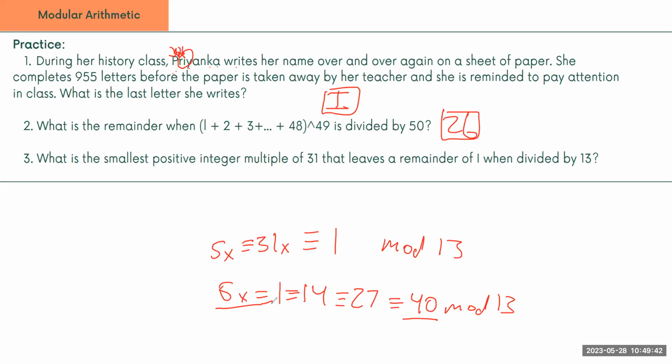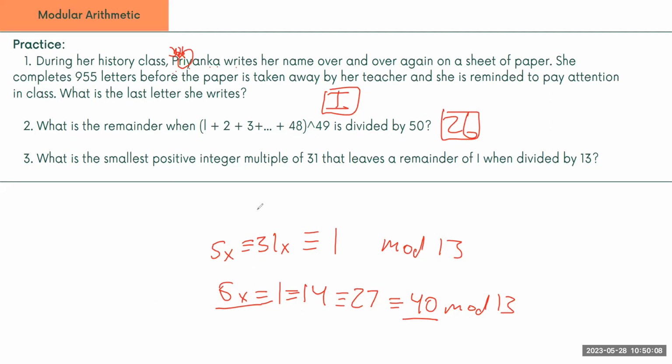Notice that in modular arithmetic, you cannot divide by something, right? Because dividing is simply not an operation when you're doing modular arithmetic. You can't just say, oh, 5x equals 1 mod 13, so x is equal to 1/5 mod 13. It just doesn't work that way. So in this case, we have x equals 8 because 5 times 8 is 40.